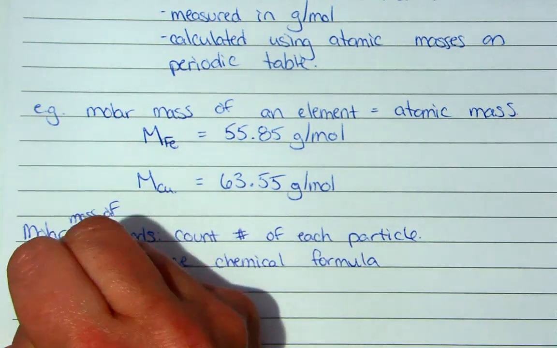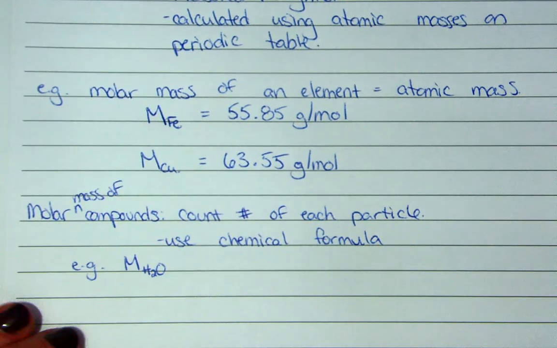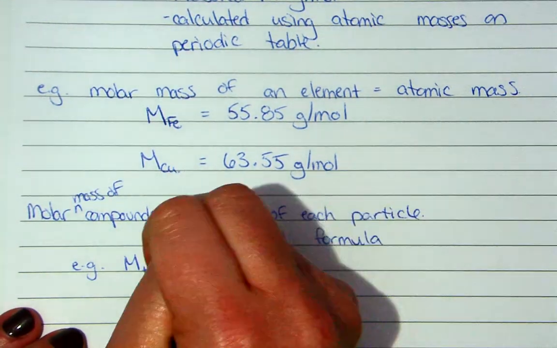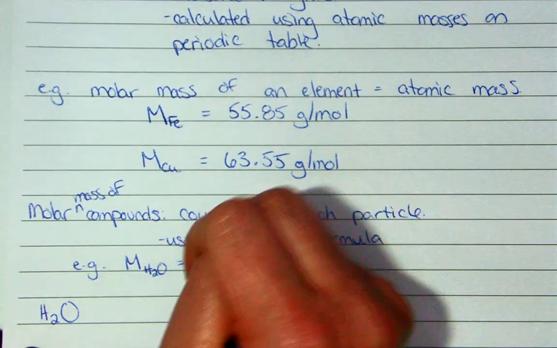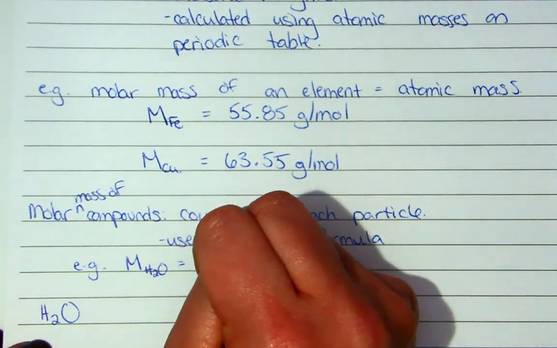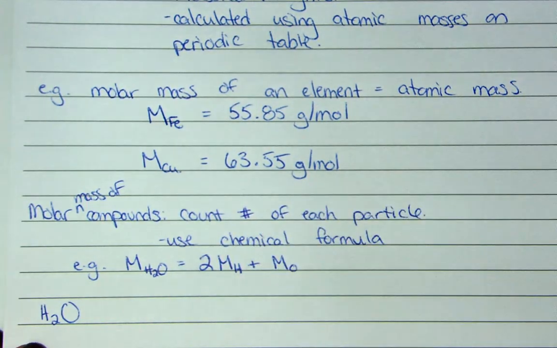If we look at the molar mass of water, so molar mass of H2O, well, if it's H2O, we see that we have 2 times the molar mass of hydrogen plus the molar mass of oxygen, right? 2 hydrogens, 1 oxygen.